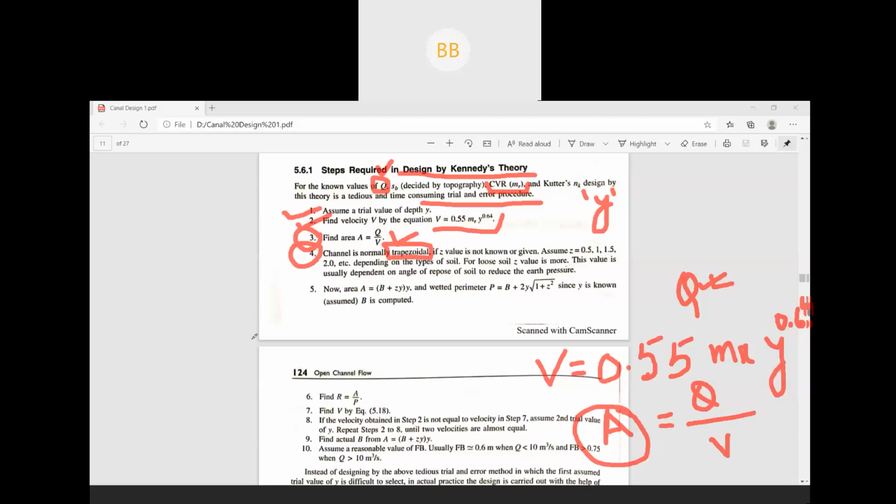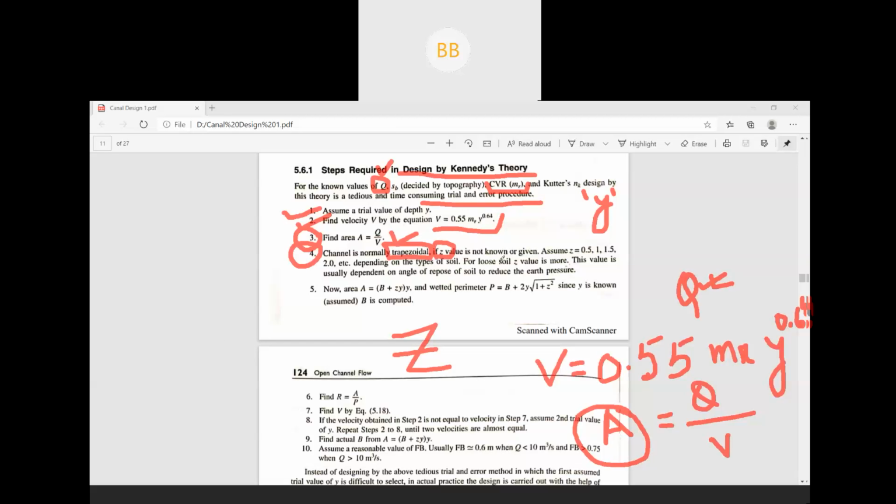But if you want, you can design for a rectangular channel also. There is no hard and fast rule, but it says that the trapezoidal channel is most economical and most efficient. Okay? So when you consider a trapezoidal channel, then definitely we need side slope z.